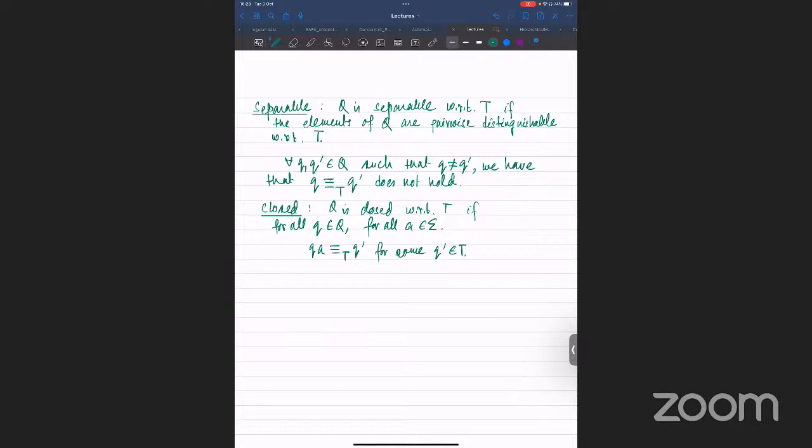So you consider any string in Q, you take the A, go to Q prime, and the Q prime is T equivalent to QA. Clear?